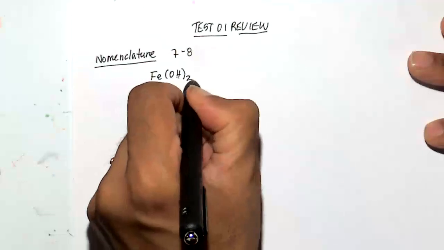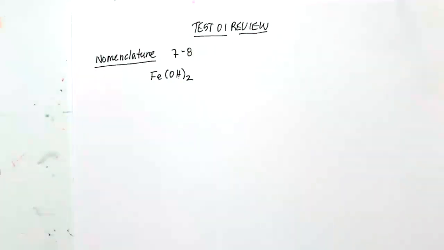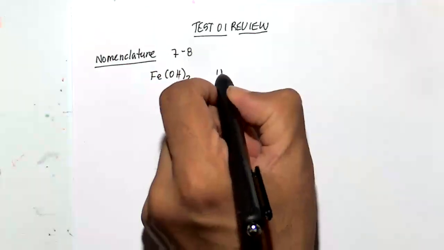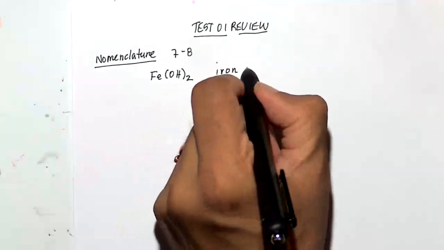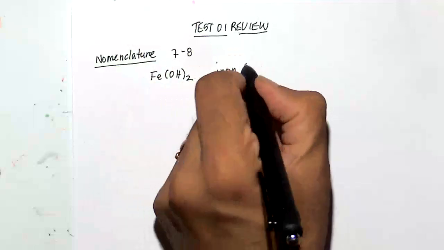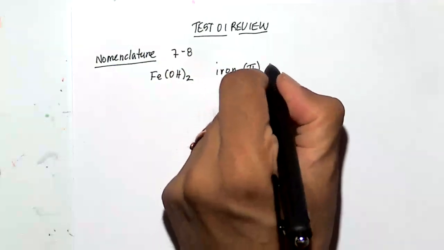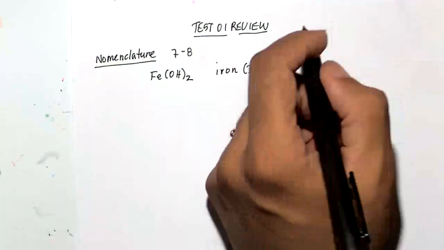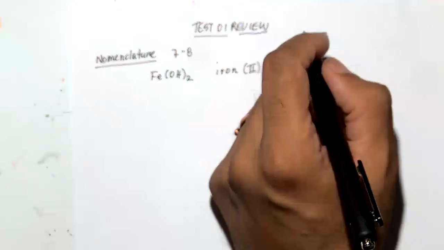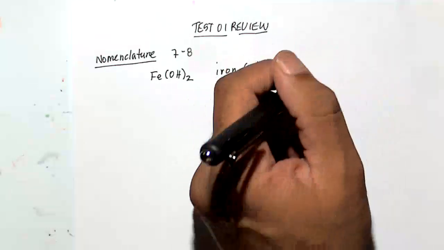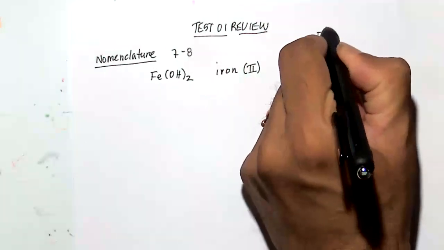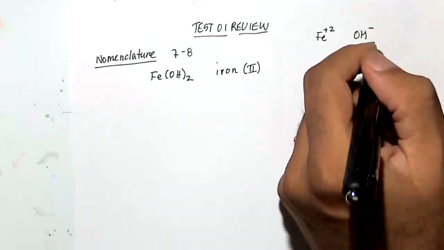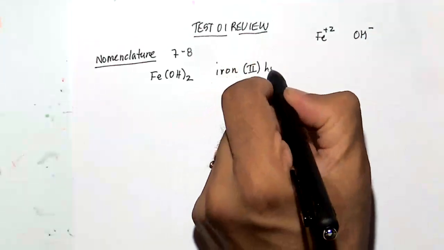So let's do a couple more practice ones. What do you think this would be? Ionic. And how would you name this? Iron 2, what else? What is this ion called?